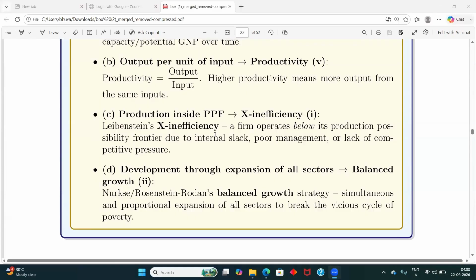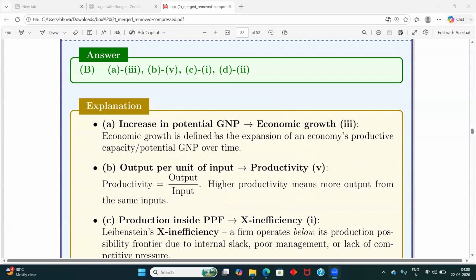Development through expansion of all sectors is balanced growth, given by Nurkse, Rosenstein-Rodan in the balanced growth strategy: simultaneous and proportional expansion of all sectors to break the vicious circle of poverty. So the correct option is B.